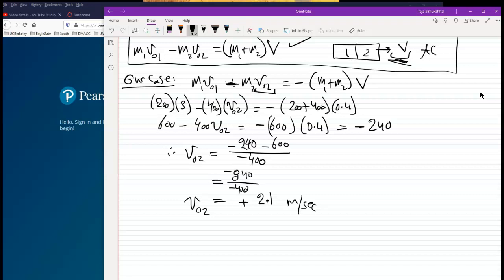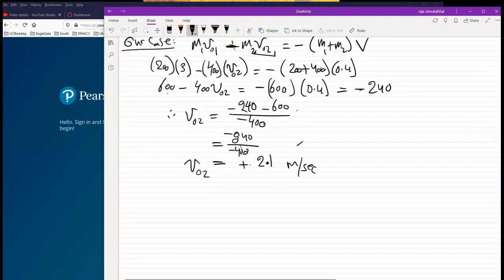Then I would have minus 600 minus 400, and I would move the 600 to the other side. It's going to be minus 600 over minus 400, and I think I did it all right. Like I said, because I put that minus there, the minus sign didn't show up here. Okay, let's assume this is correct. If not, please let me know.